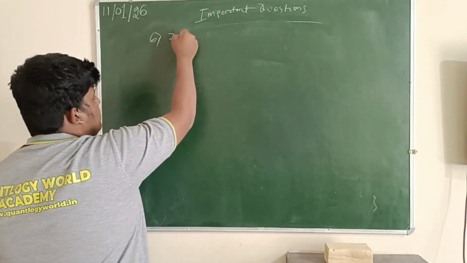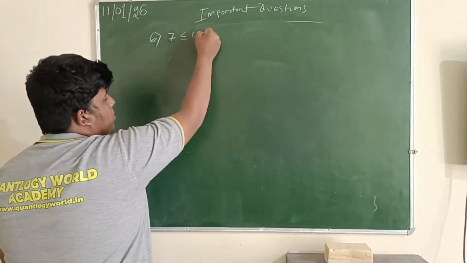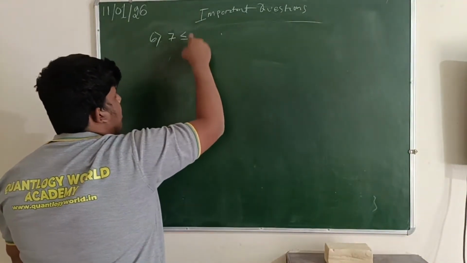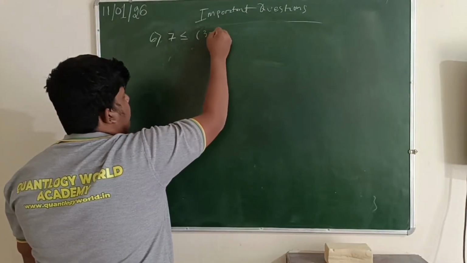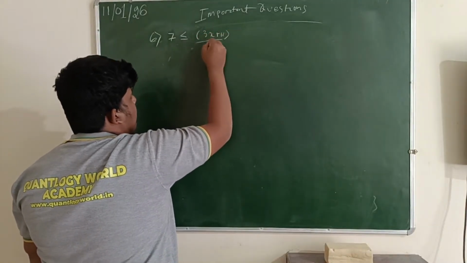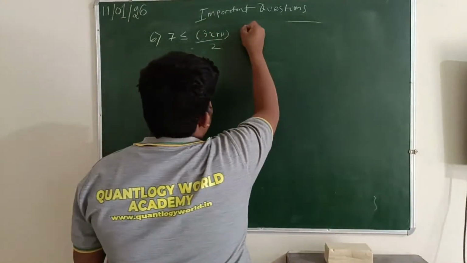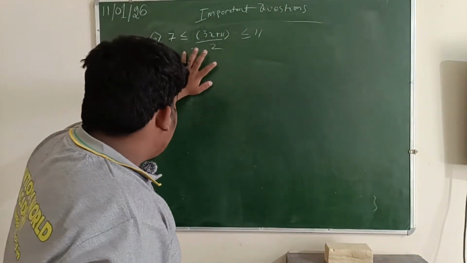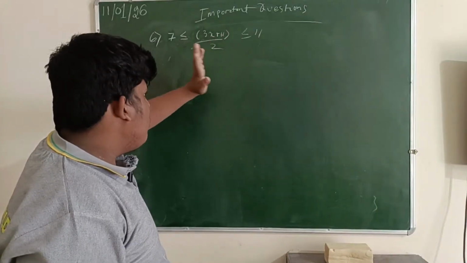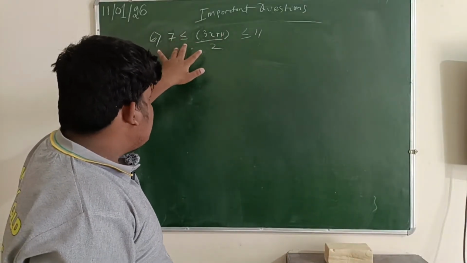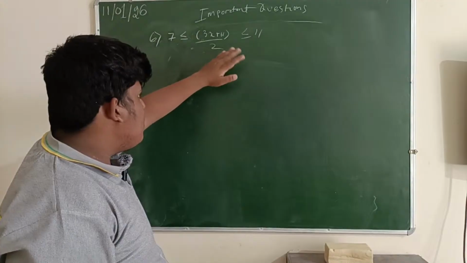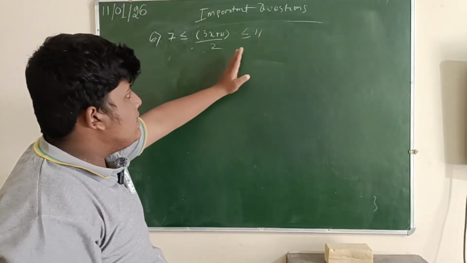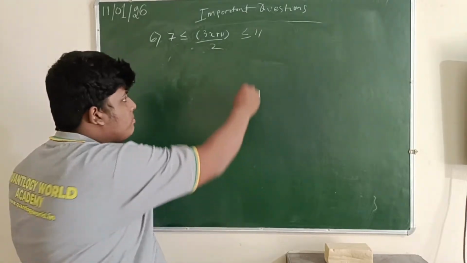7 ≤ (3x + 11)/2 ≤ 11. Here the less than or equal to sign is given on both sides, so we'll solve 7 ≤ (3x + 11)/2, then we'll solve (3x + 11)/2 ≤ 11.